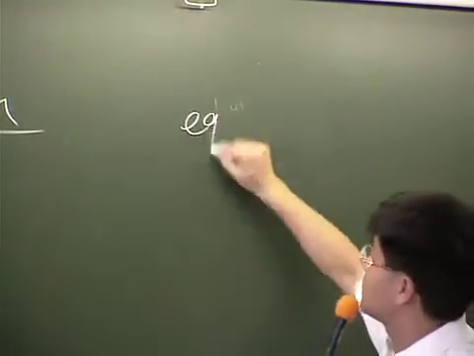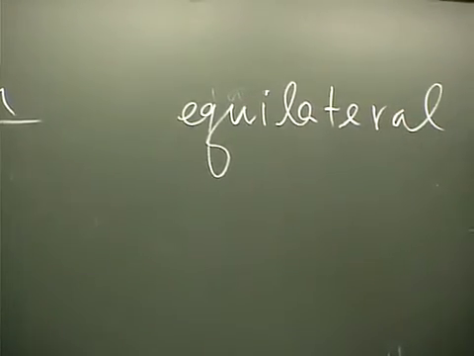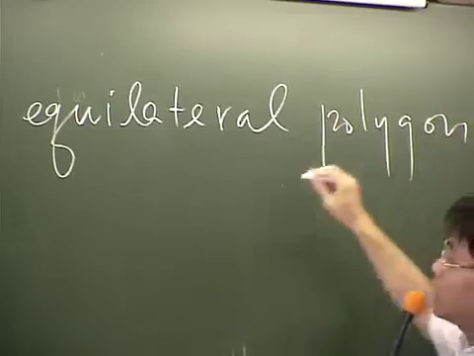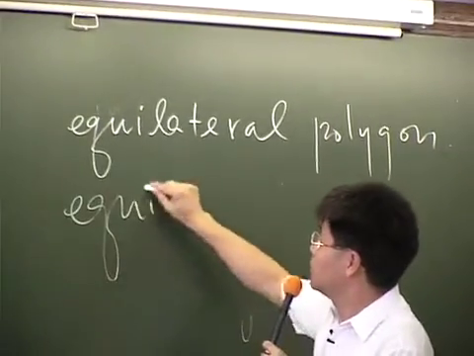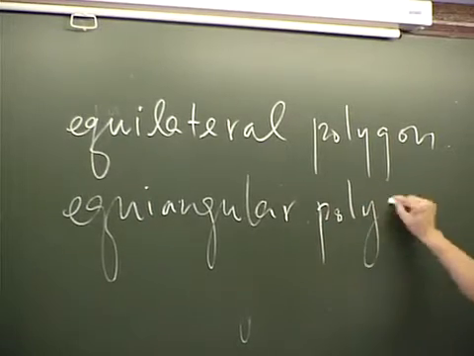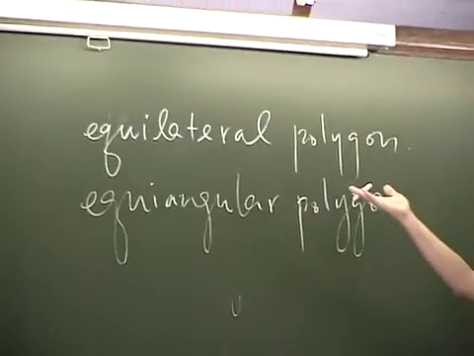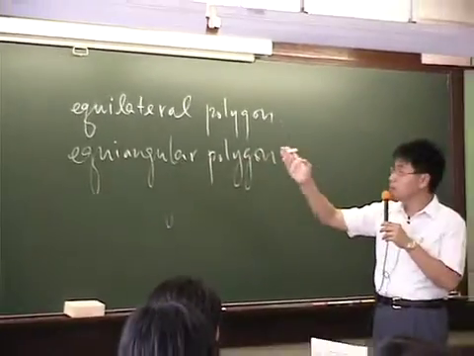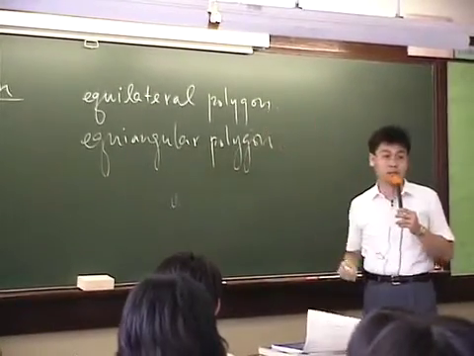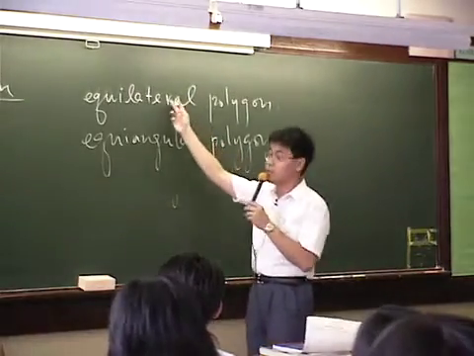It is the equilateral polygon and also the equiangular polygon. What are they? What does it mean by equiangular polygon and what does it mean by equilateral polygon? Do you still remember?